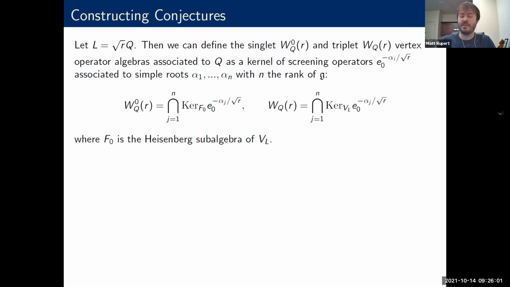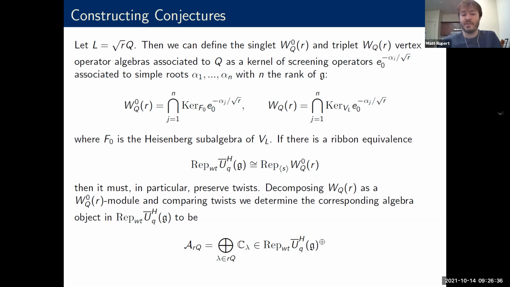The triplet is just the intersection of the kernels of these screening operators on the lattice VOA, and the singlet is the intersection of the kernels of these screenings on the Heisenberg subalgebra. So clearly the singlet here is a sub-VOA of the triplet, and when you take Q to be just the root lattice of SL2, then this recovers the usual definition for the singlet and triplet VOA.